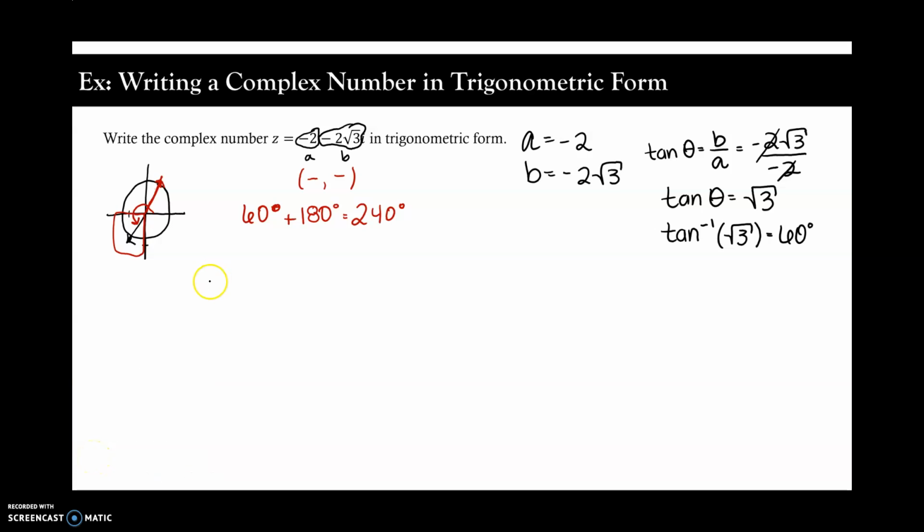Which means that in trigonometric form, we have, oh, we didn't calculate r. Remember, r is the square root of a squared plus b squared. Okay, that gives us 4 plus 2 times 2 is 4 times what is on the inside, which is 4 plus 12.